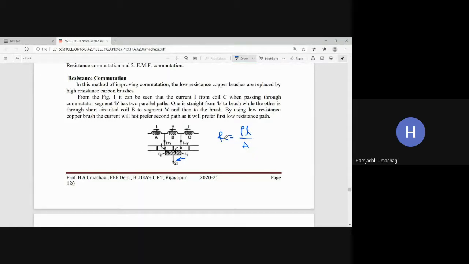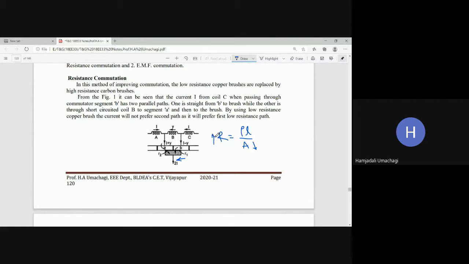So now here you can see that as the brush has less contact area with B, the area is decreasing here. Try to understand. If I move the brush in this direction, the contact area of the brush with segment B is decreasing. So if contact area is decreasing, what about the resistance?